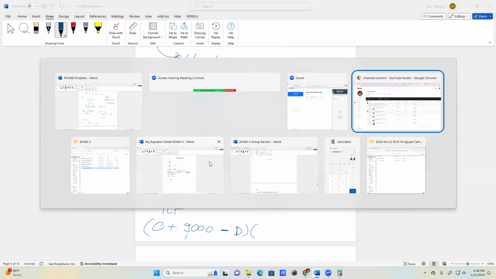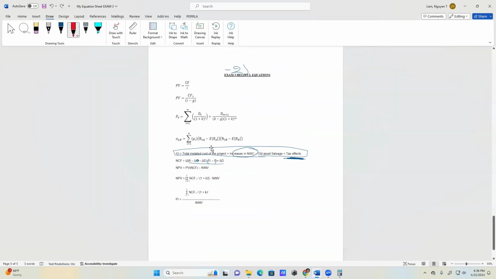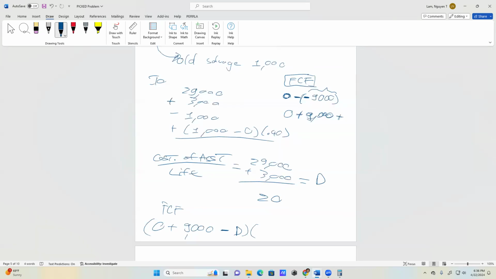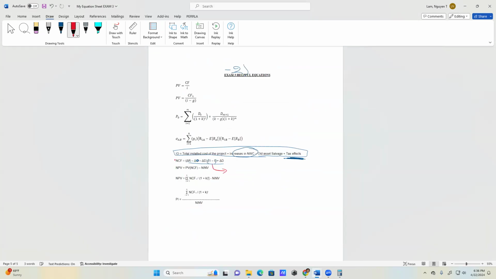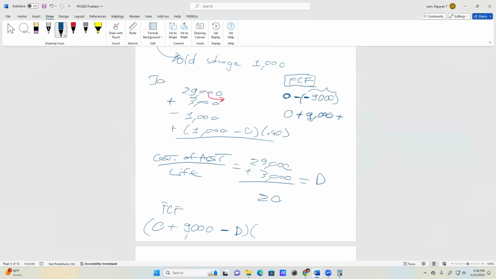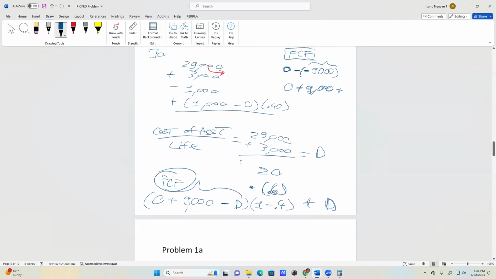If you go back, just a reminder, on the exam it has the initial outlay and the free cash flow formula for you. So right here, it says 1 minus tax. So it's 1 minus 0.4, so it should be 0.6. And then at the end, you have to add back the depreciation. So it should be this multiplied with the 0.6 and then add back the depreciation. And that will be your free cash flow.